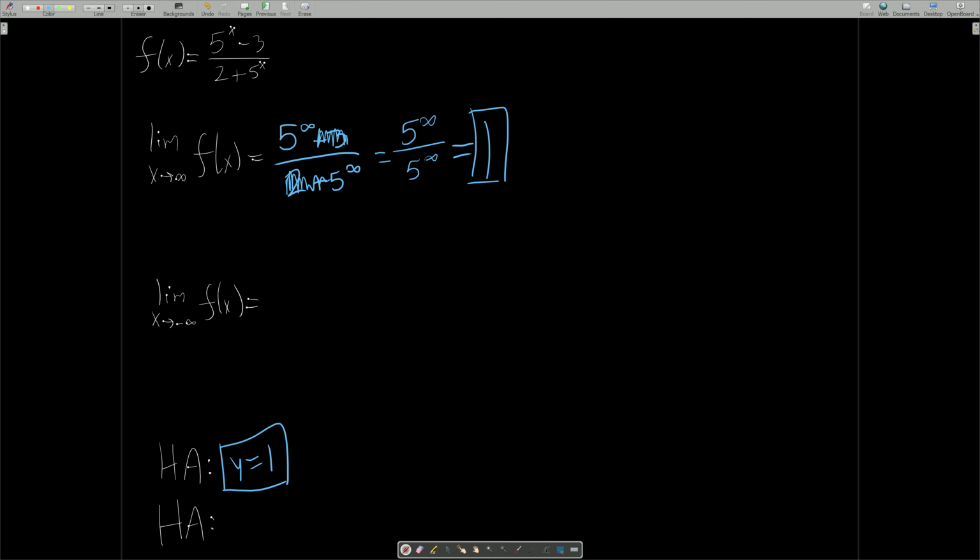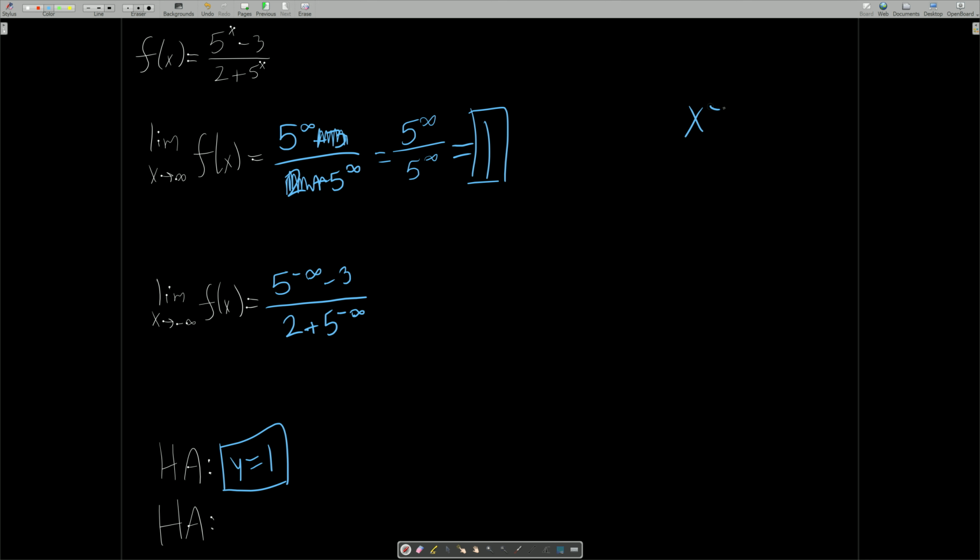And do the same thing with negative infinity. But pay attention here because this is going to get a little bit weird. You're going to have 5 to the power of negative infinity minus 3 over 2 plus 5 to the power of negative infinity. Now what does 5 to the power of negative infinity mean?